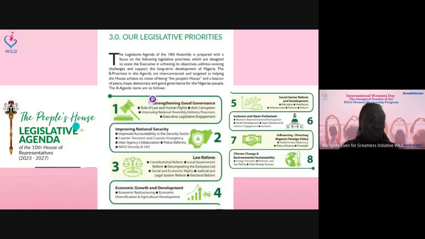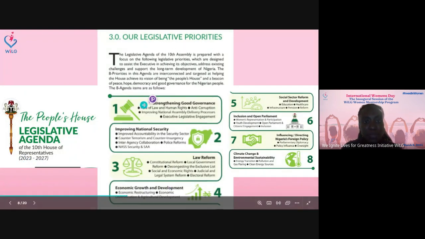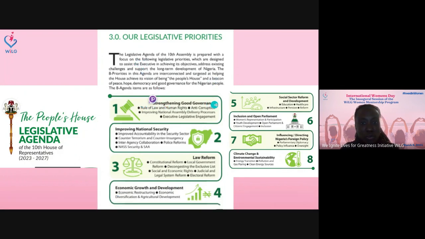It's supposed to run from 2023 to 2027. It has a focus of strengthening good governance, ensuring the rule of law and human rights, anti-corruption, improving National Assembly delivery processes, and executive-legislative engagement.